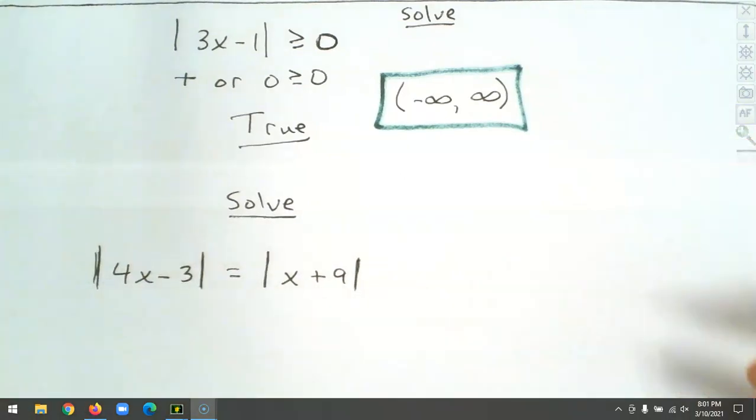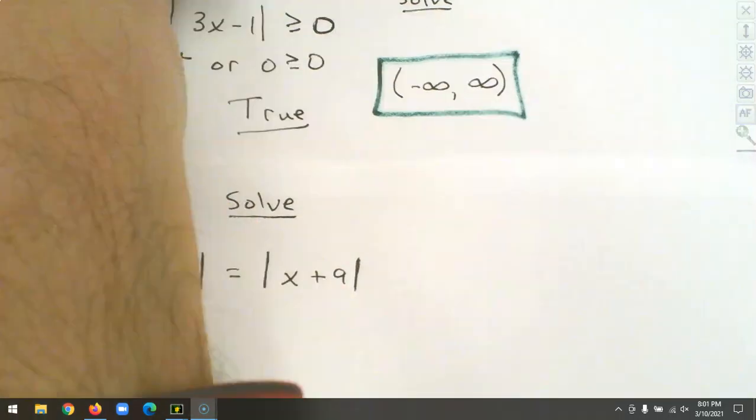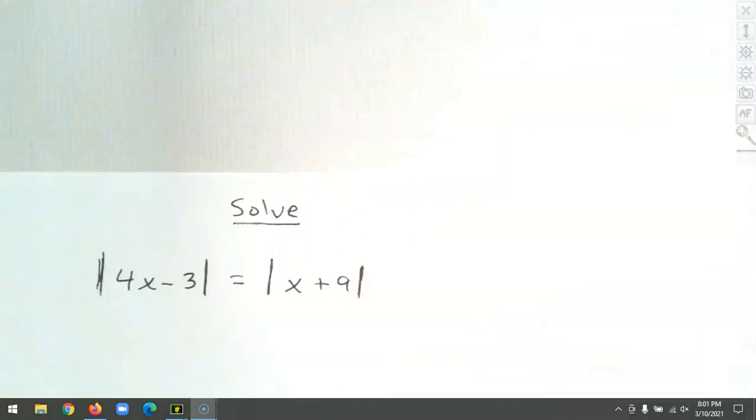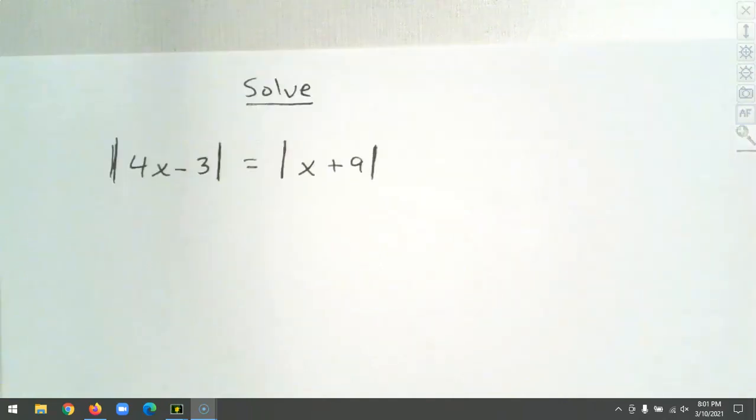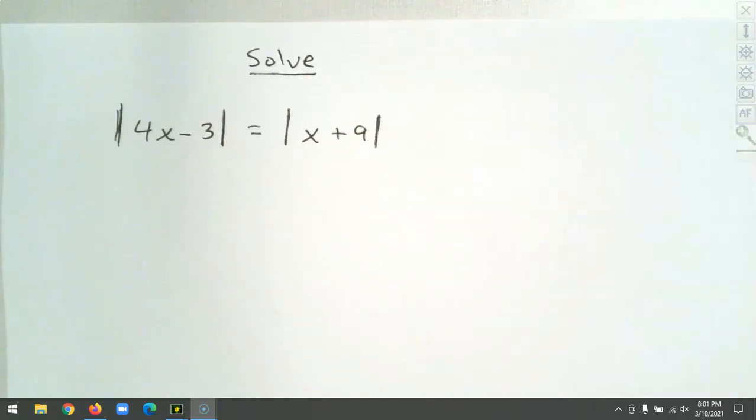Now, this is an equal sign, so we're not going to have to graph this one out. We only have to graph the inequalities. How do we handle an absolute value equaling another absolute value? It's just like the equals we have done before. So we need to get our two equations and solve them out. We do have to be careful with a negative because we're going to have to distribute that negative through.